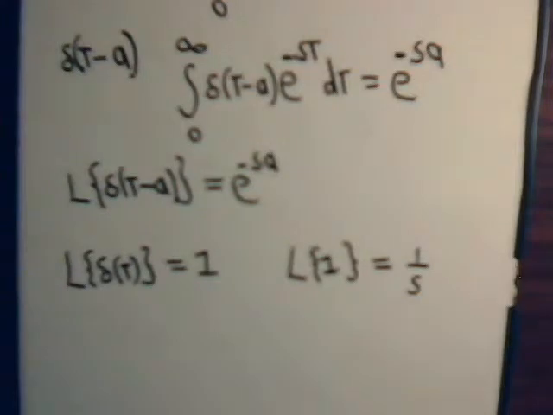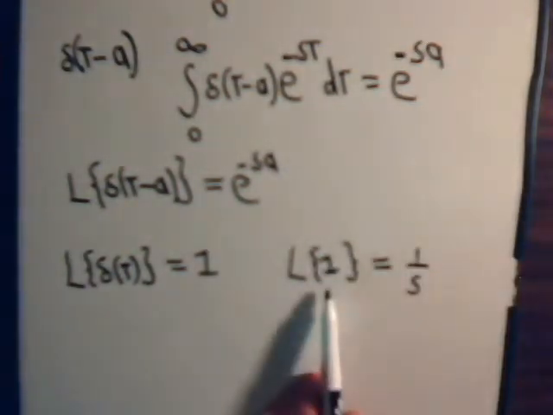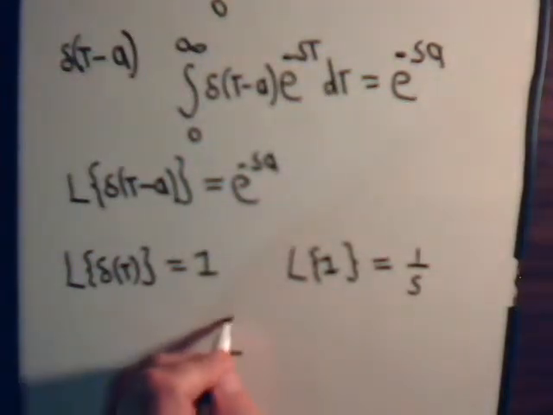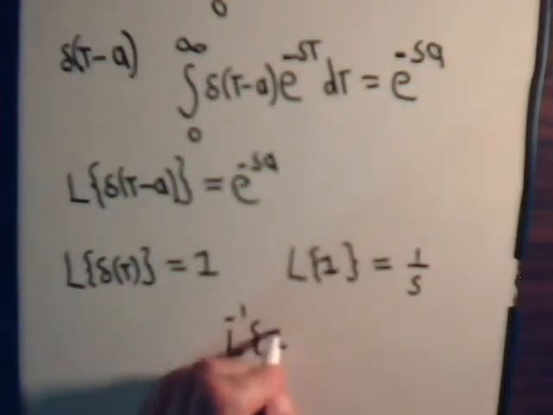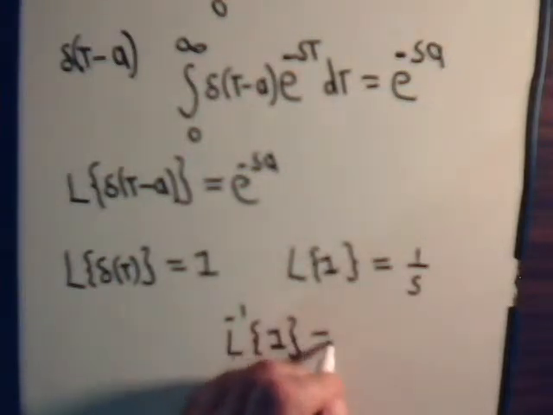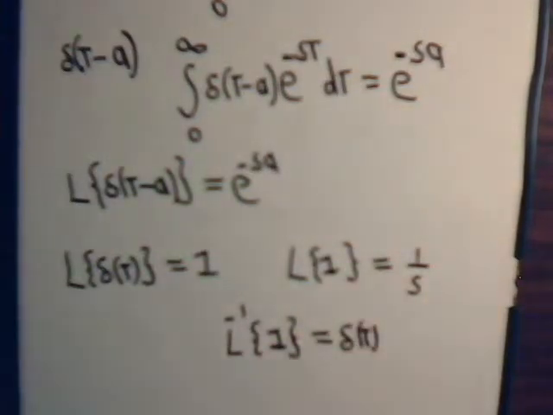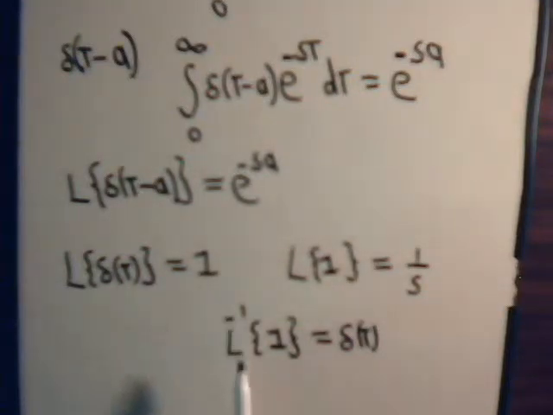And of course, the inverse Laplace transform of 1 over s is 1. Now we have that the inverse Laplace transform of 1 is the Dirac delta function, taking the inverse Laplace transform of each side of the equation.